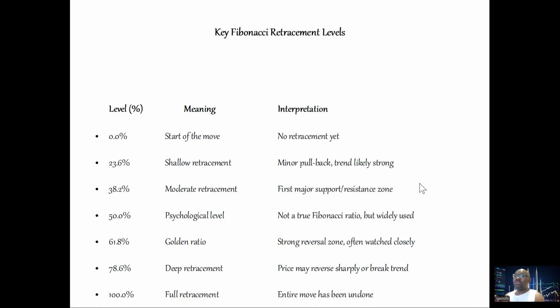There are other technical tools, but I tell you, the Fibonacci retracement tool is widely used, all right?